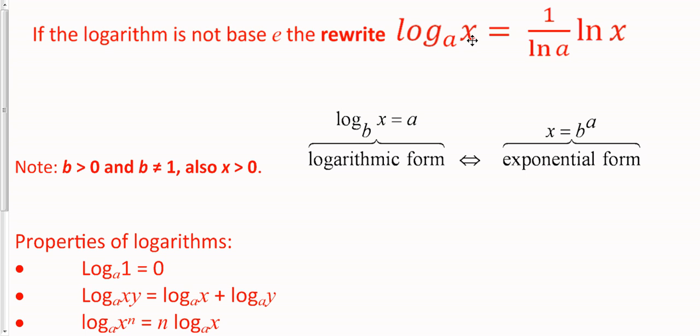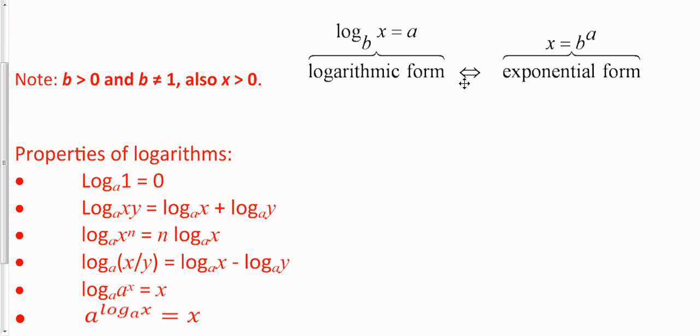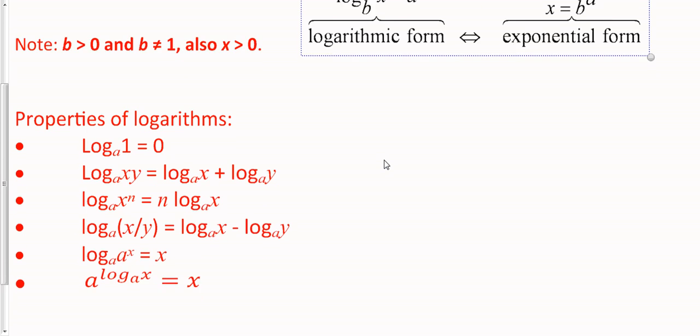So x refers to whatever's after your log, and this is our base right here. Also, remembering your definition of a logarithm right here, going from the logarithmic form to the exponential form. Also, just as a reminder, base b right here and here have to be positive and not 1. And then x has to be positive. So remember, whatever's after your log has to be positive.